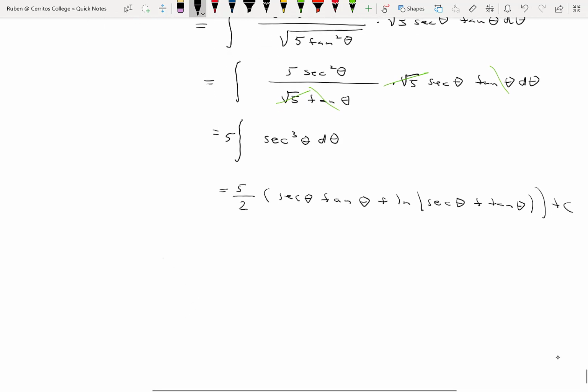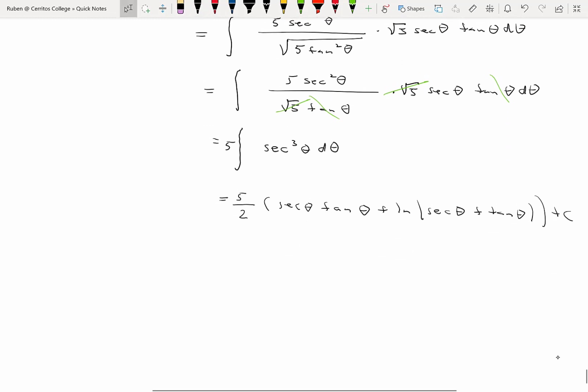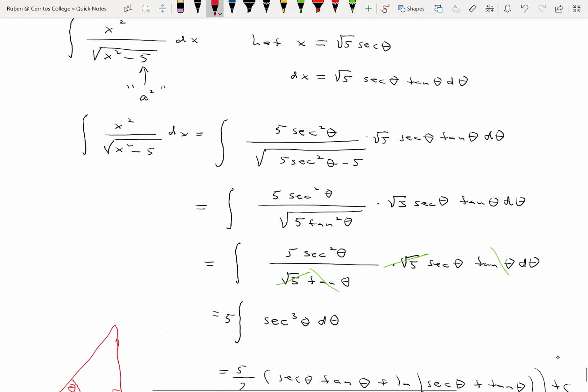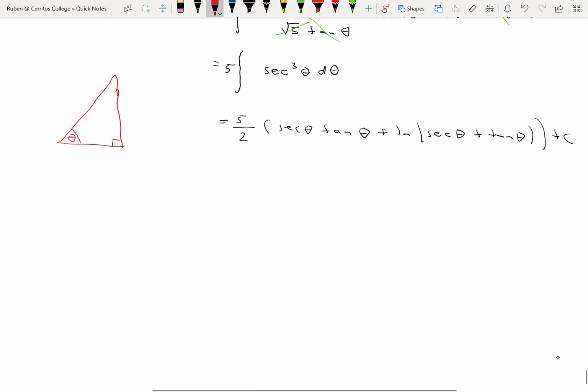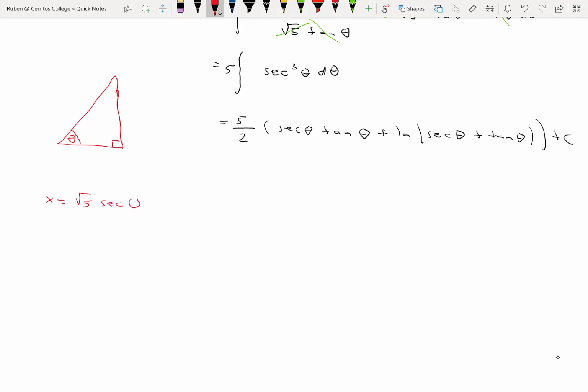And then we go to the variable x. Once again, we draw our little right triangle off to the side, with angle theta, and we fill in the sides using our substitution. x equals radical 5 secant theta, so secant of theta equals x over the square root of 5.